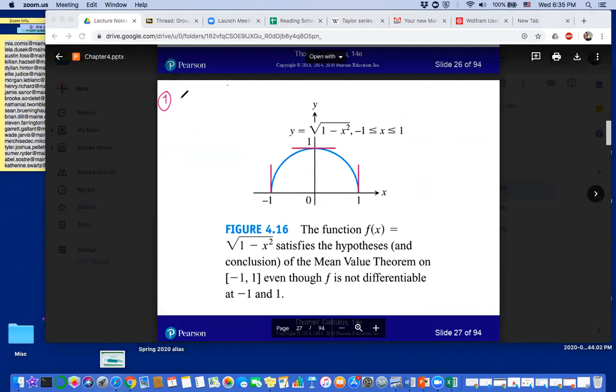First, I'd like you to write the largest interval where this function is continuous. You're welcome to write right here.